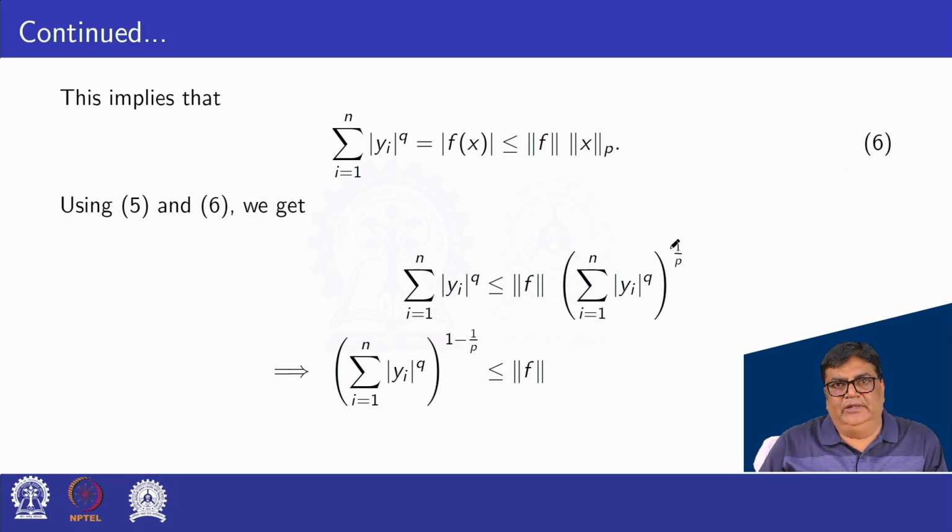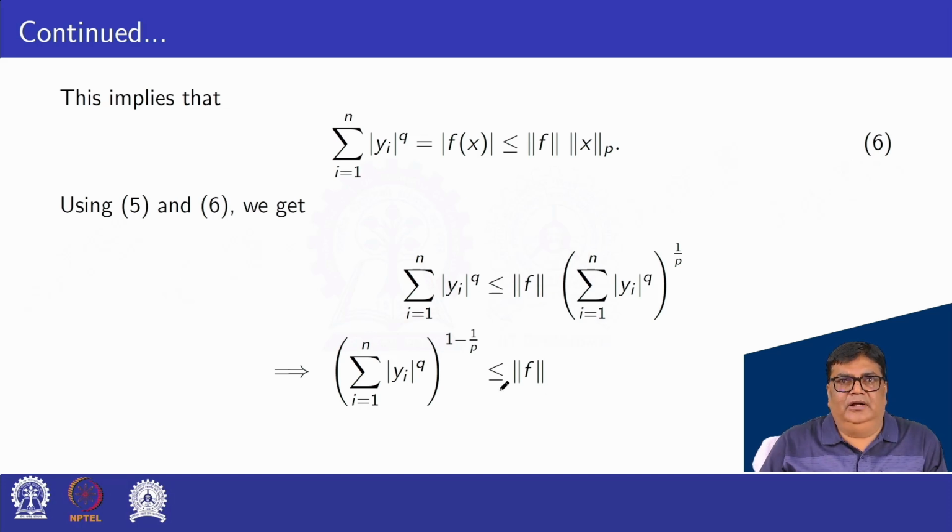So dividing both sides by this, the left side is summation i equals 1 to n mod yi power q whole power 1 minus 1 by p less or equal to norm f.